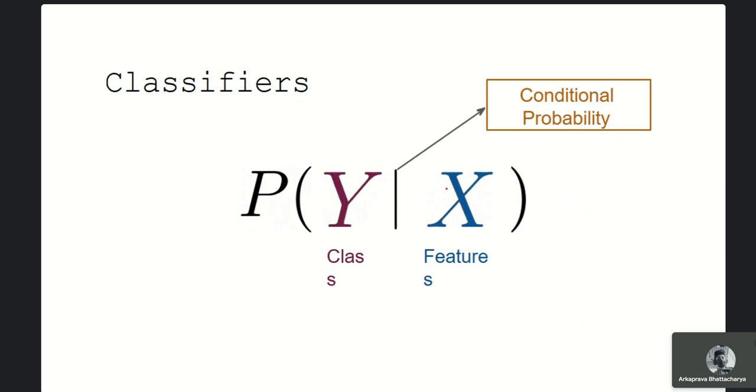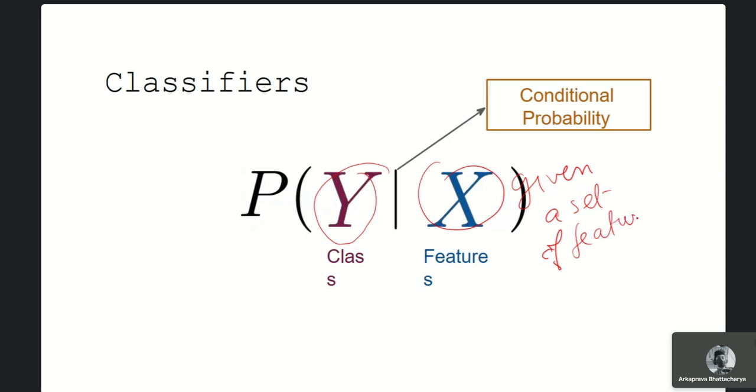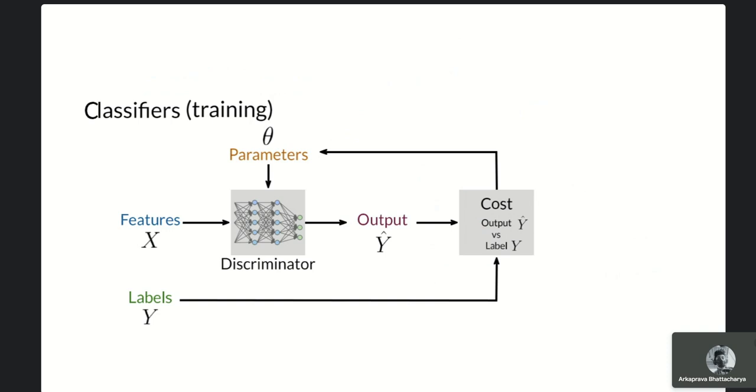Classifiers model the conditional probability: given a set of features x as input, they try to model the class probability y as output.